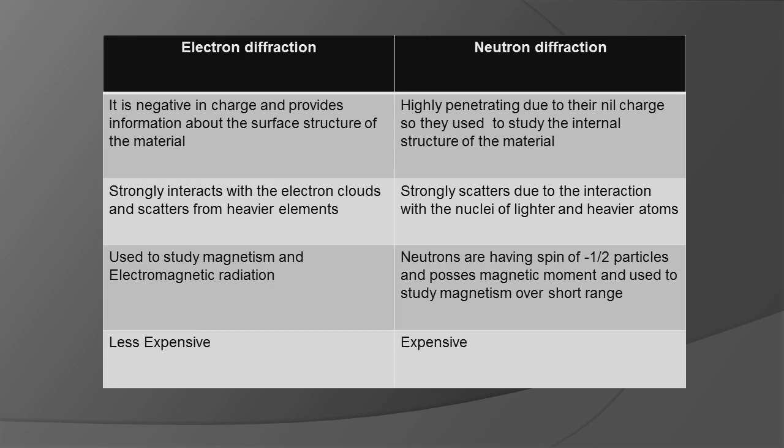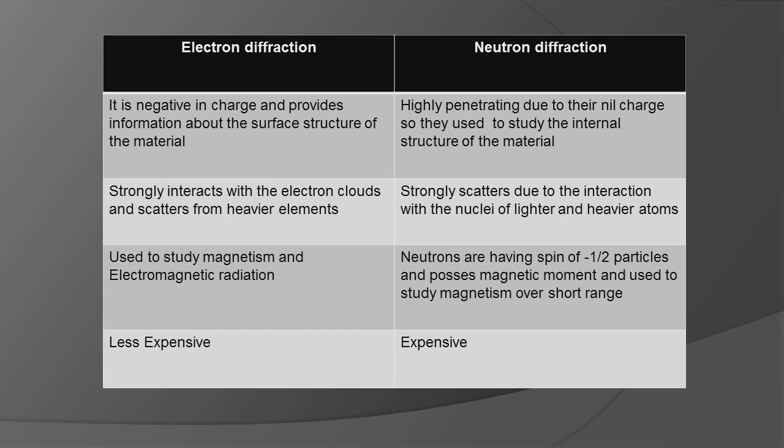Due to its nil charge, it can study not only the surface but also the internal structure of the material. The second point is that electron diffraction has a strong interaction with the electron clouds, and it scatters from heavier elements. In neutron diffraction, the scattering occurs due to the interaction with both lighter and heavier atoms.